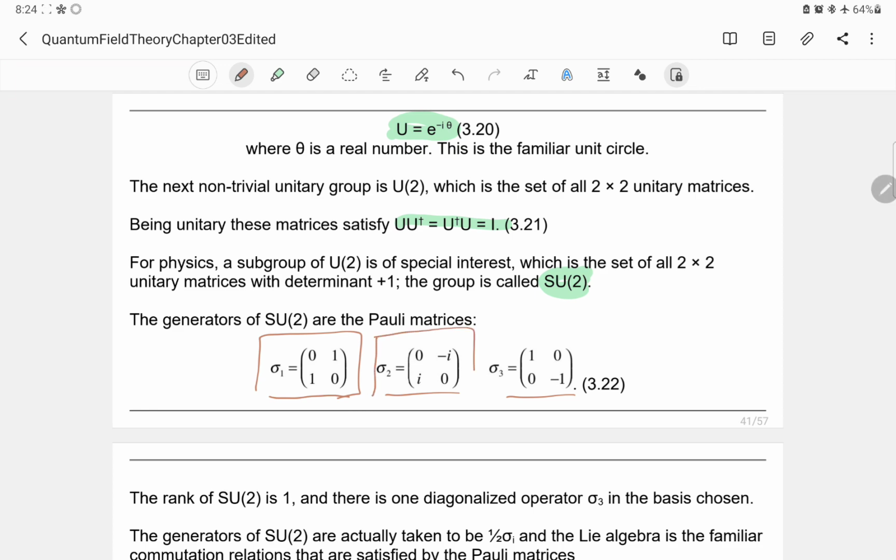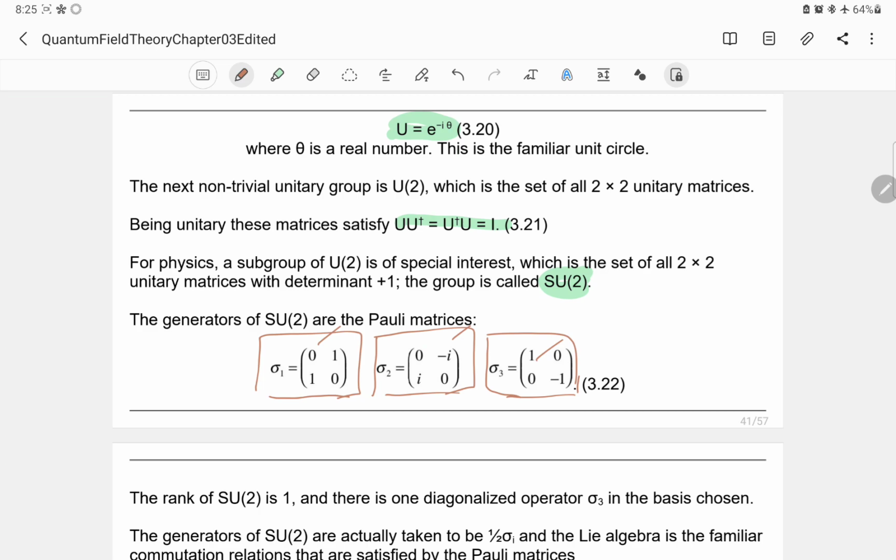So are these Hermitian? This one is Hermitian. This one is Hermitian, and this one, however, is not Hermitian. Oh, I'm sorry for that.